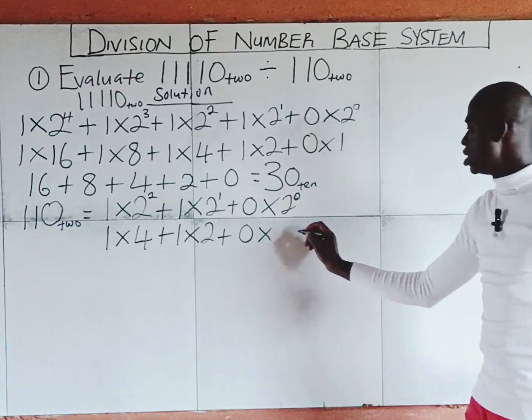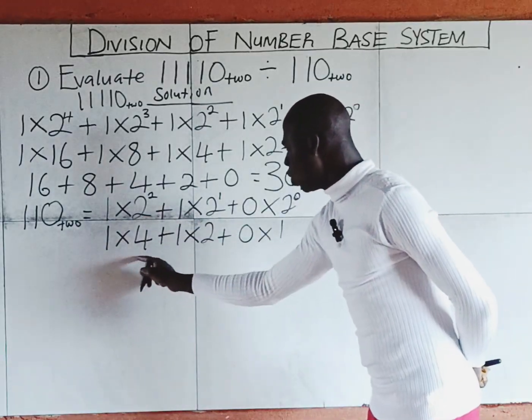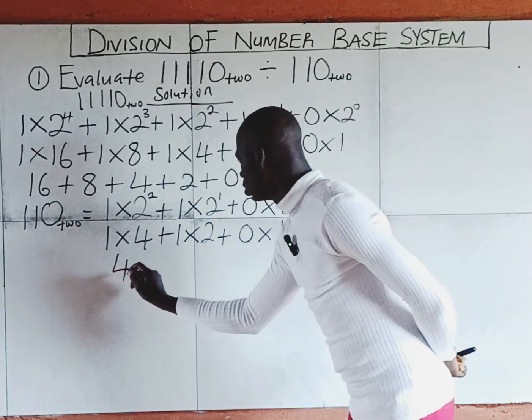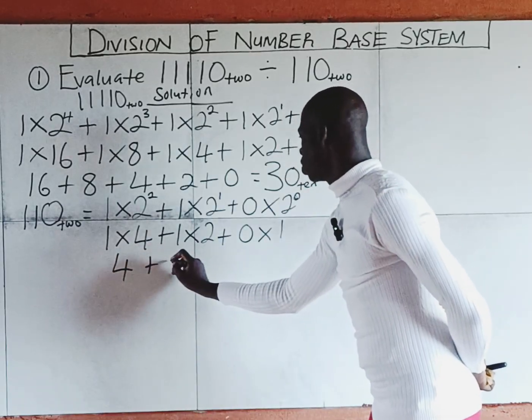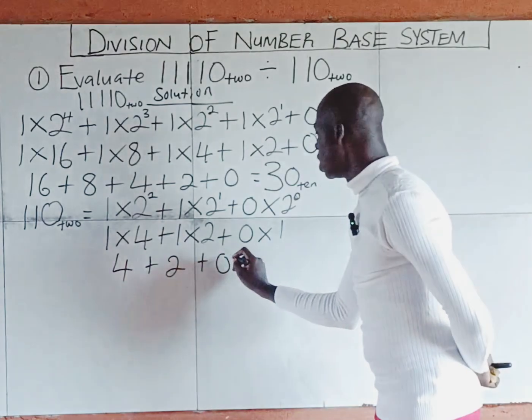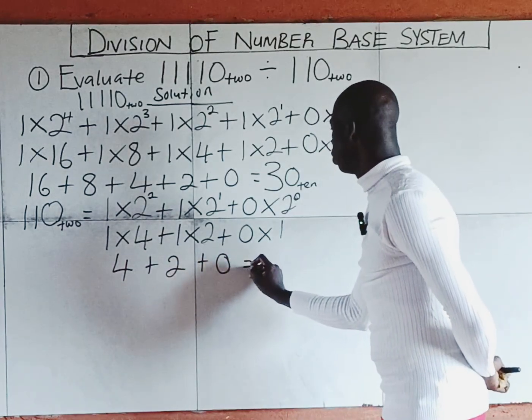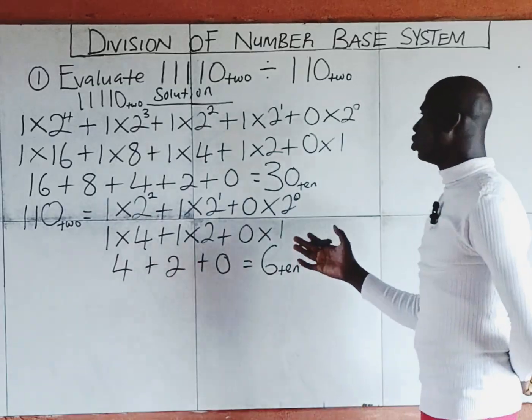If you simplify further, 1 times 4 gives 4, plus 1 times 2 gives 2, plus 0 times 1 gives 0. If I add up, I'm going to have 6 base 10. You can see the way it is clearly done.